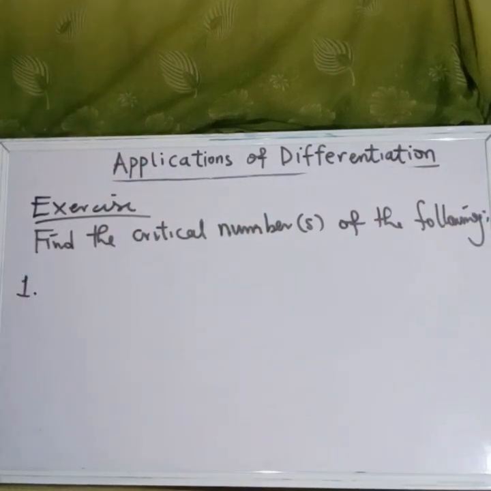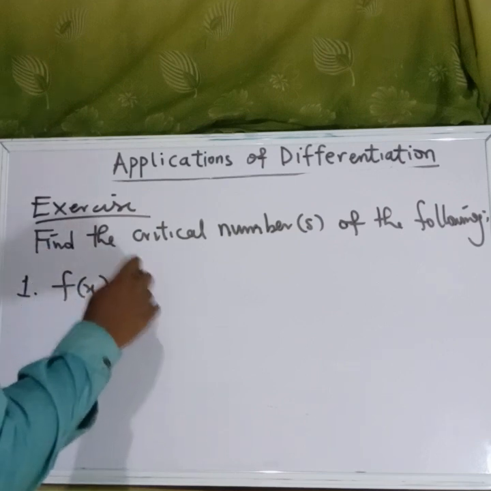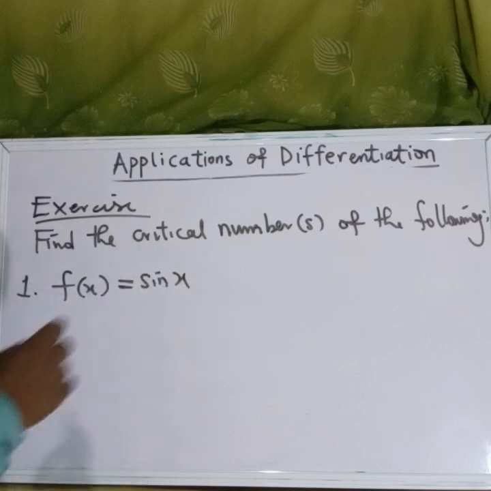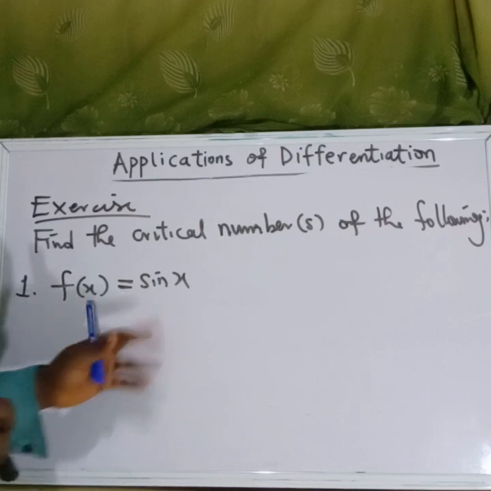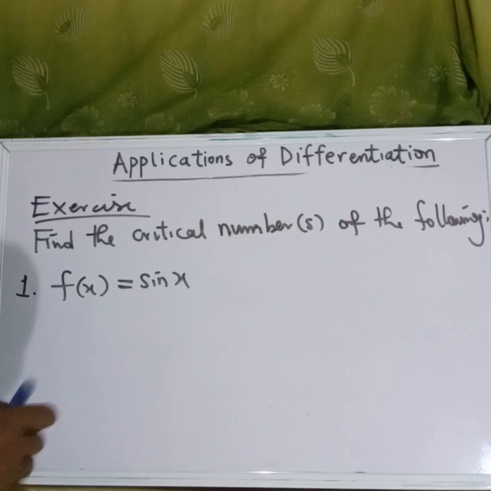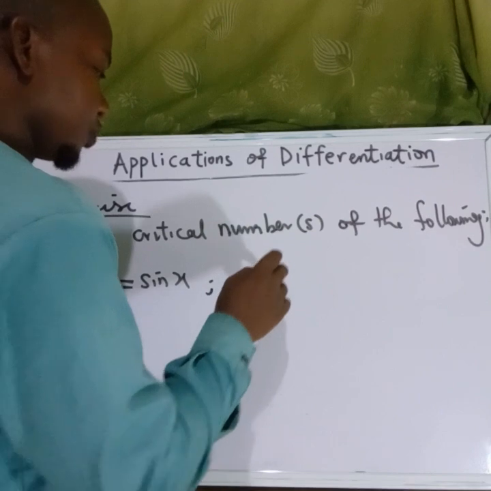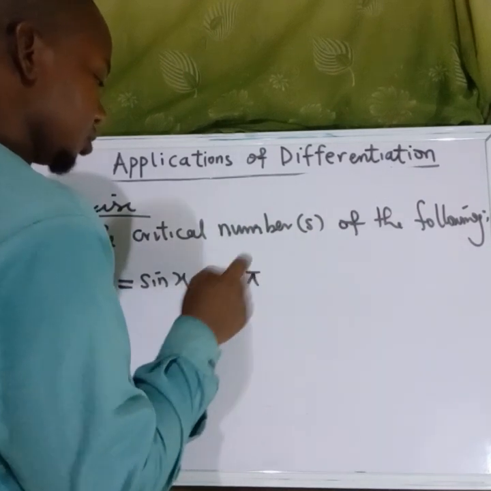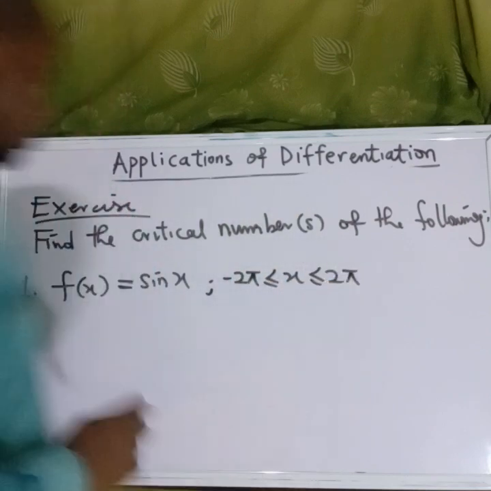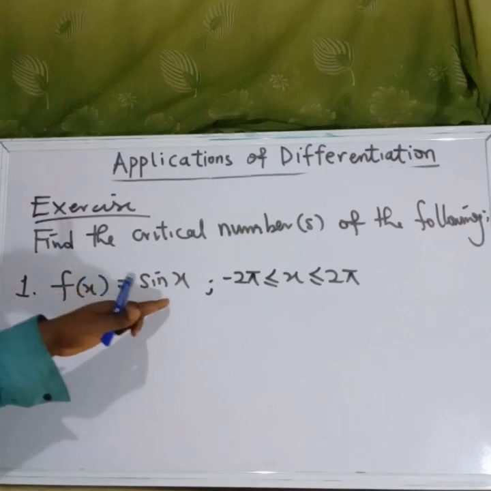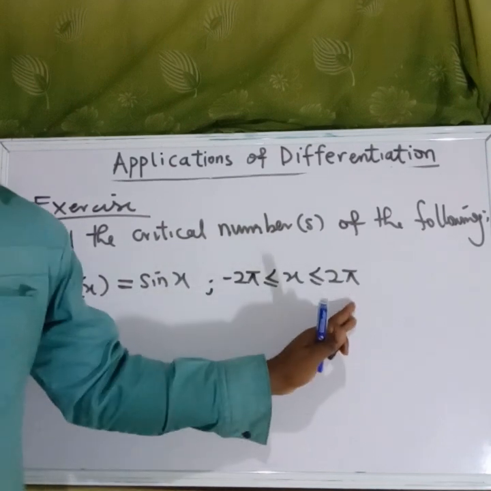Number 1, the function f of x equal to sine x. Because sine x is a transcendental function, it has many turning points, so let us restrict x in between negative 2 pi and 2 pi. Find the critical numbers of this function between negative 2 pi and 2 pi.